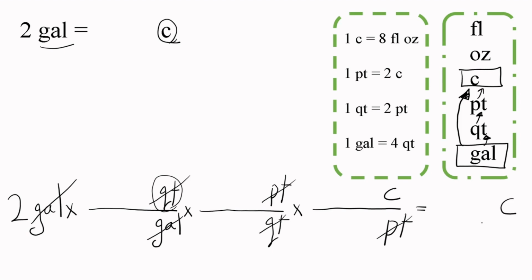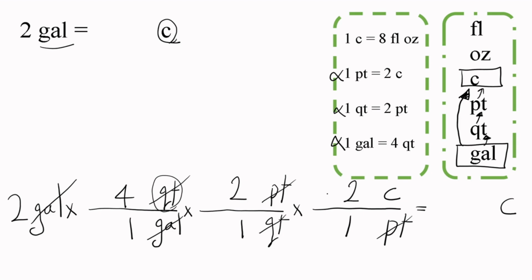Okay? Then let's write the numbers. As you can see, we are going to start using conversion factors from this one. 1 gallon is equal to 4 quarts. 1 quart is equal to 2 pints. 1 pint is equal to 2 cups.